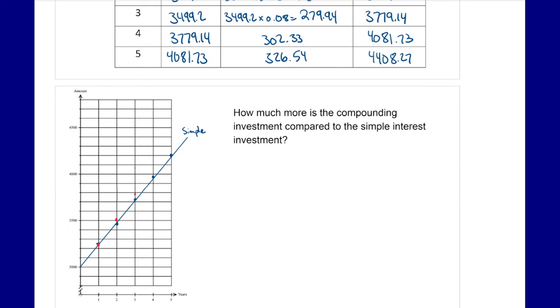So 4,000. So about over there, and then 4,400 about there. So if I wanted to draw this function, we can see that it is starting to slowly increase and get larger and larger and larger.